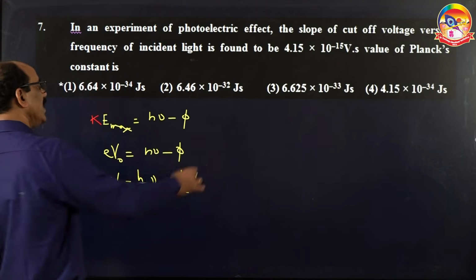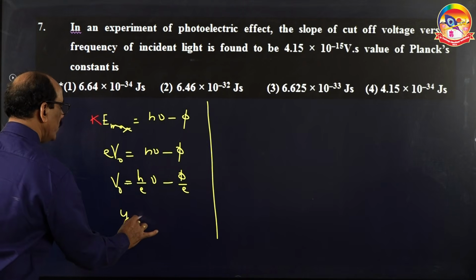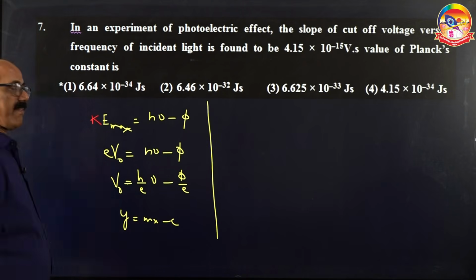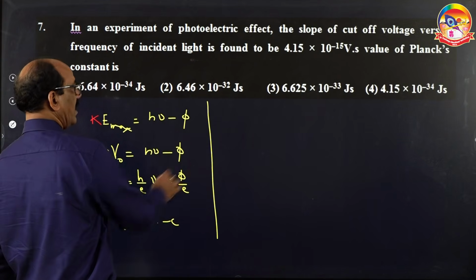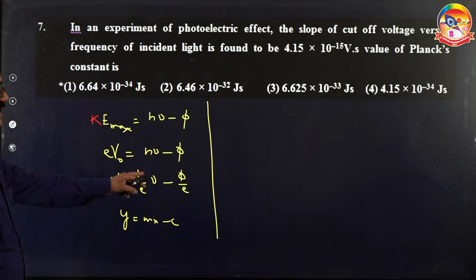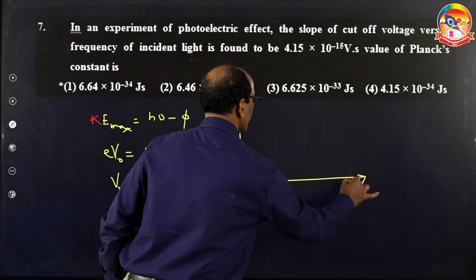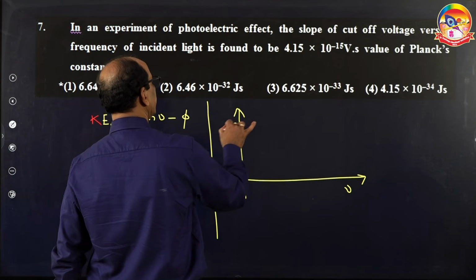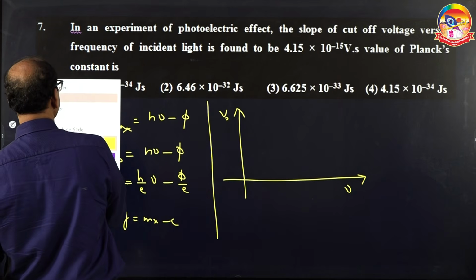Work function I write either by phi or W, it makes no difference, it is a constant for a given metal. So if you look at this equation, it is in the form of y is equal to mx minus c. So if you plot a graph of stopping potential versus frequency, it will be a graph like this. So taking frequency on the x-axis and stopping potential on the y-axis, the graph is like this.